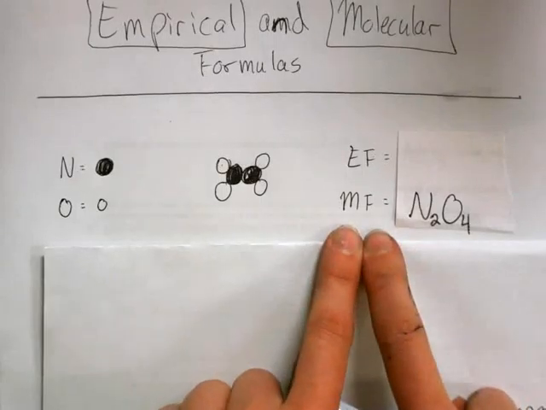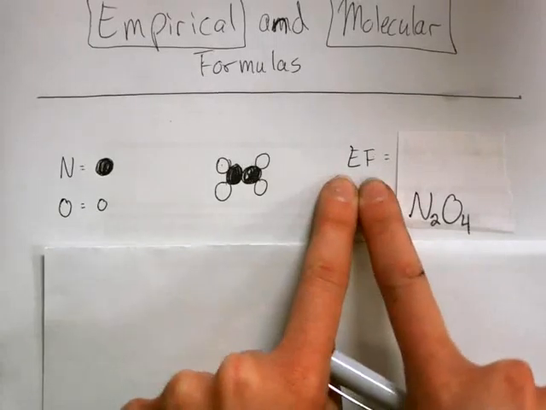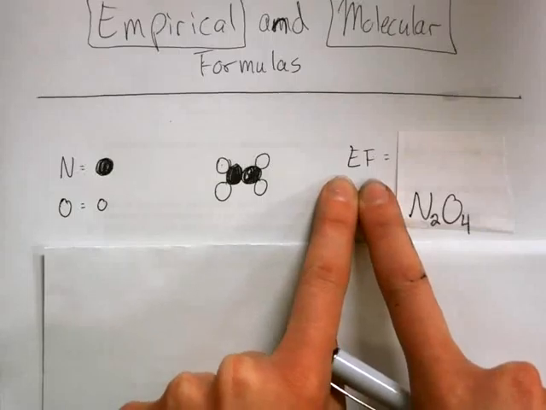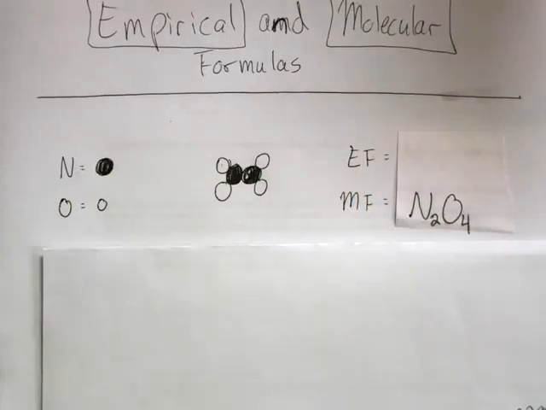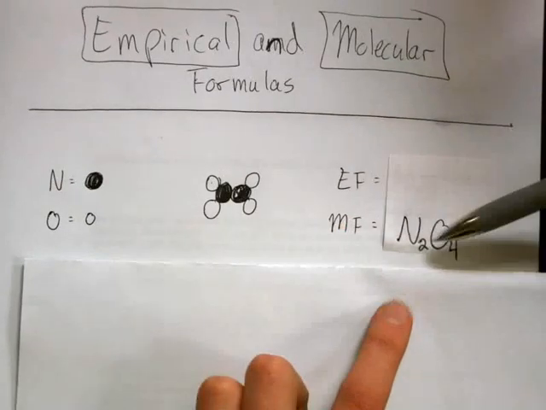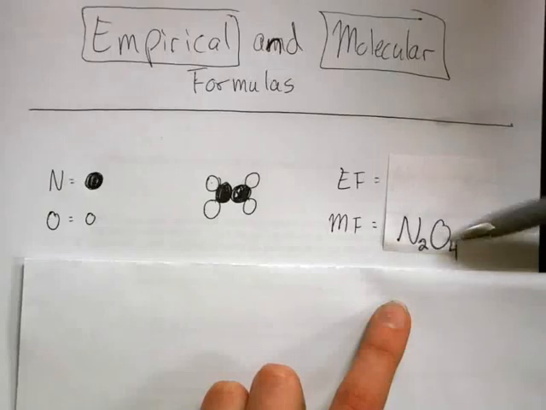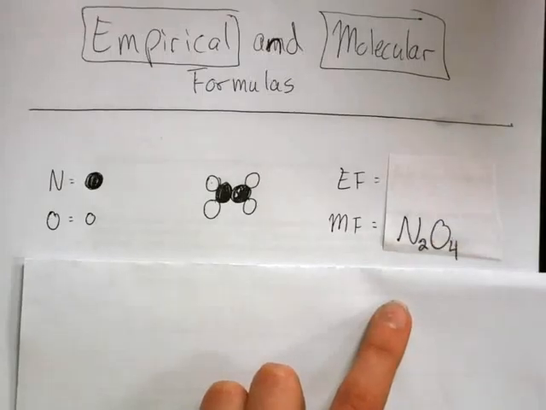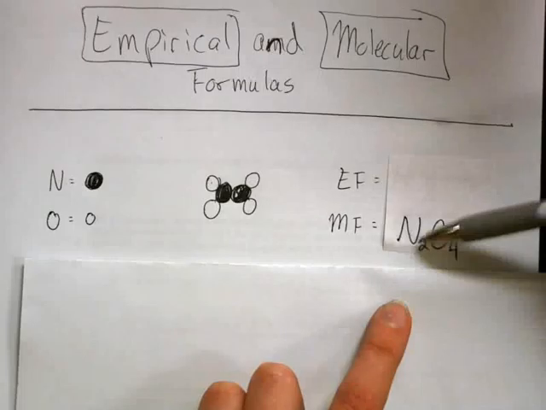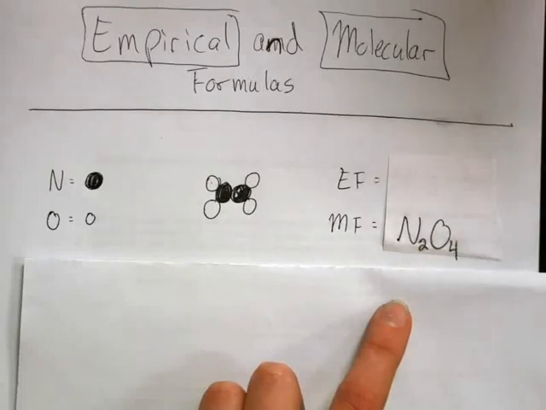It's my molecular formula. My empirical formula, abbreviated as EF, is my reduced form, my simplified form of this. So for example, I have 2 N's and 4 oxygens. Well, both of these numbers are divisible by 2. 2 is divisible by 2 and 4 is divisible by 2.